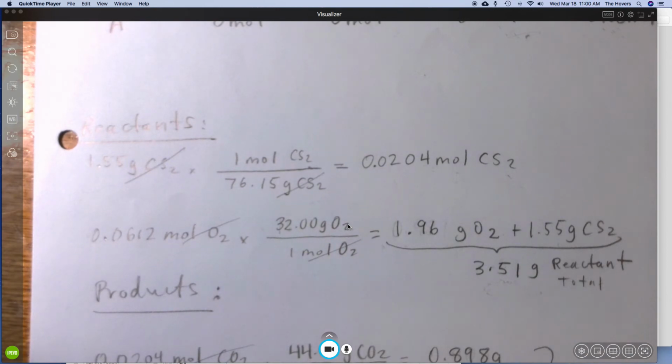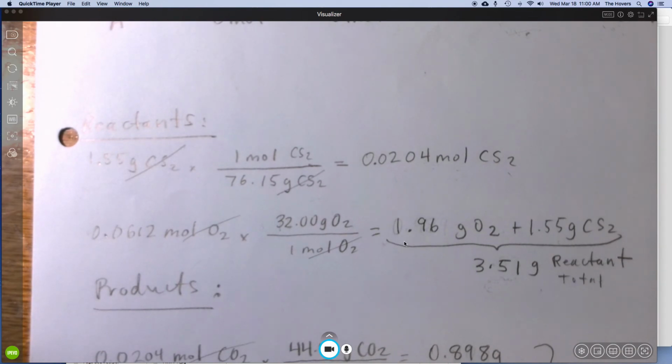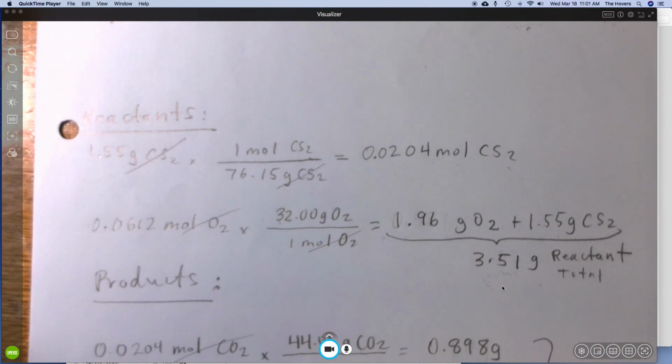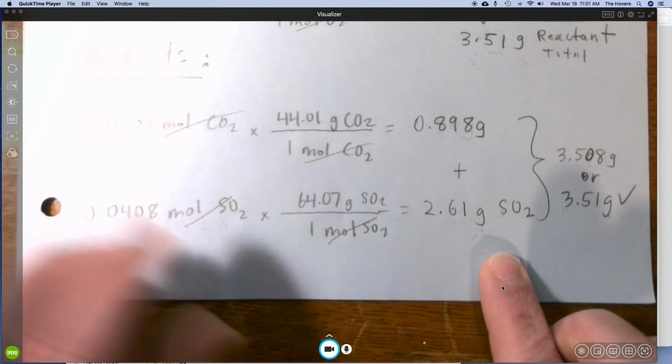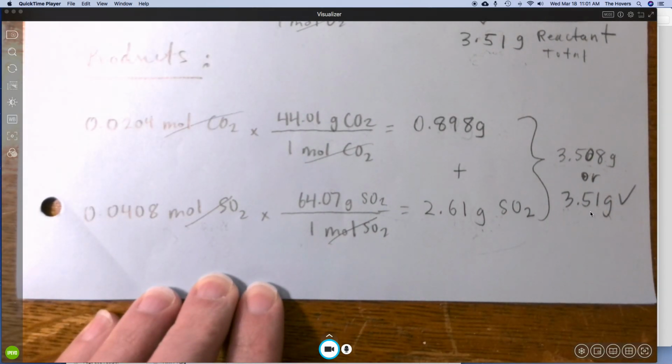Using the molar mass for an O2 molecule, the mass of O2 that would react would be 1.96 grams. And then I've added in the 1.55 grams of the other reactant, the given value, the CS2, to show that the total reactant mass was 3.51 grams. And again, I showed before how the total product mass was also 3.51 grams.